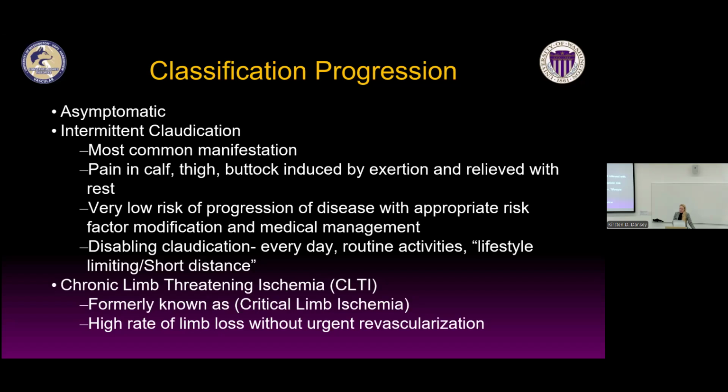And we really discuss treatment of these patients once they start developing disabling claudication, so really lifestyle-limiting or short distance claudication. And then for the third group of patients, it's really CLTI, formerly known as critical limb ischemia. And these patients have a high rate of limb loss without urgent revascularization.